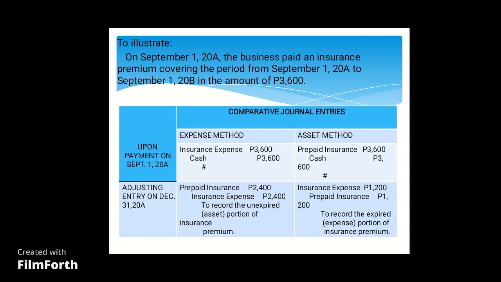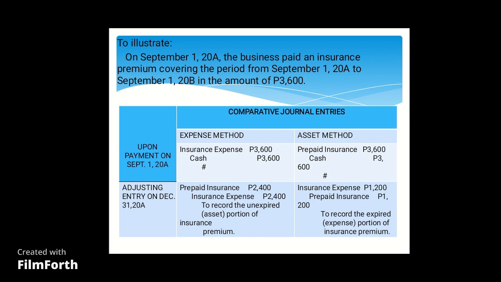So, effects on financial statements under asset method. If no adjusting entry is prepared, the whole amount of 3,600 will be charged to asset when in fact 1,200 is expired portion or expense. Since the expense portion could not be recorded without the said adjustments, expense is understated and asset is overstated.